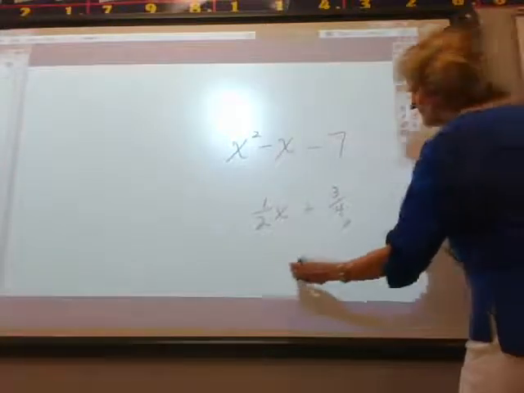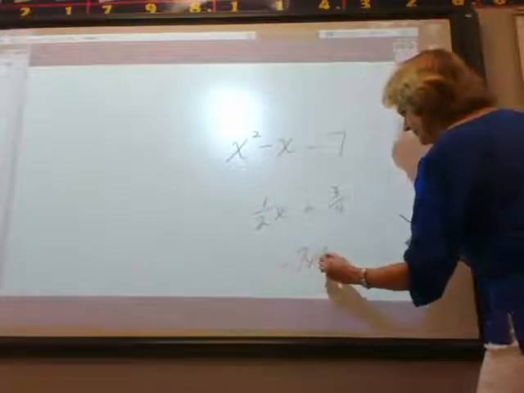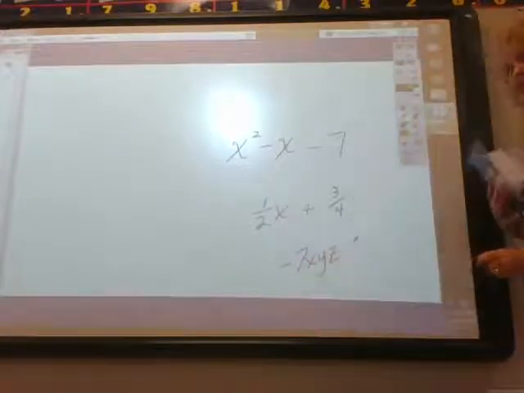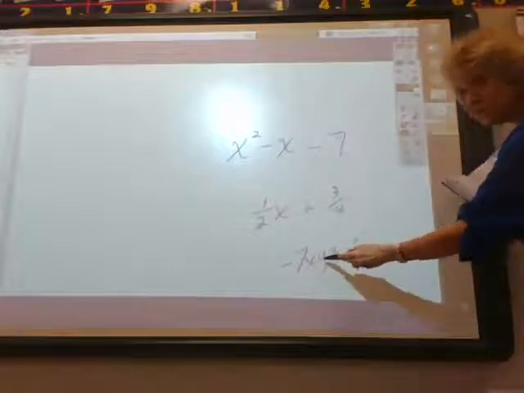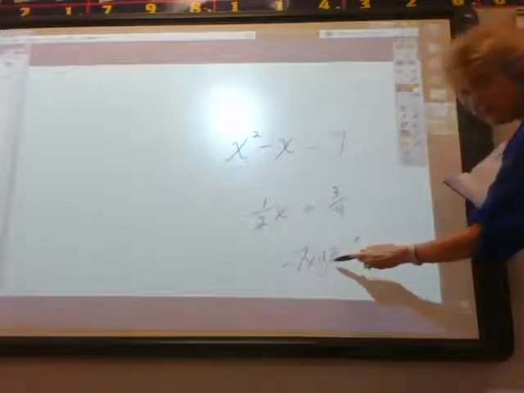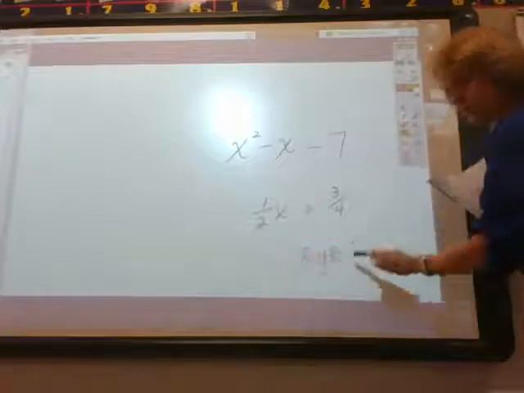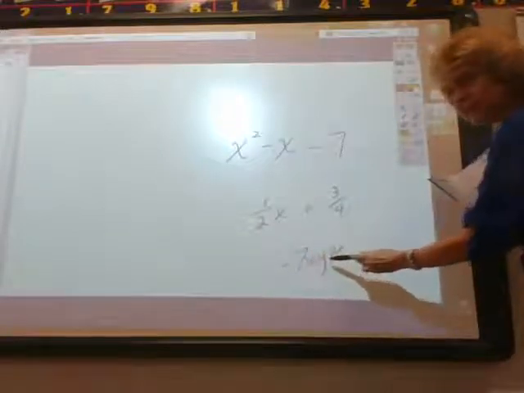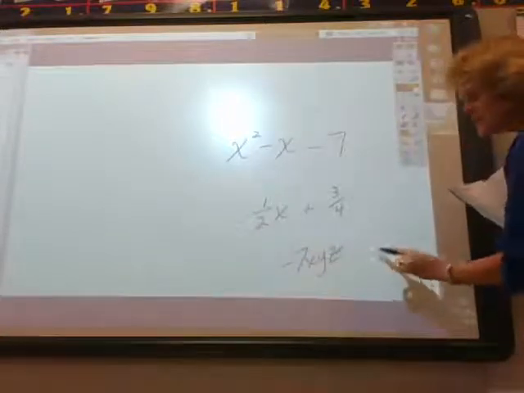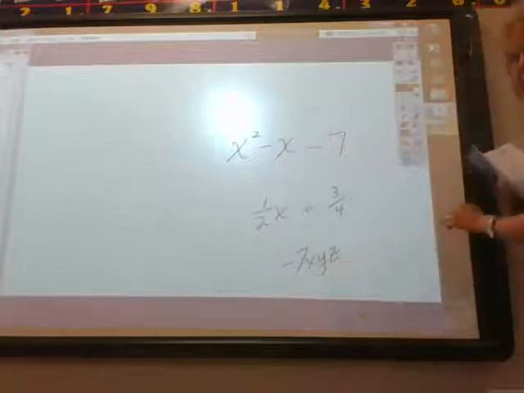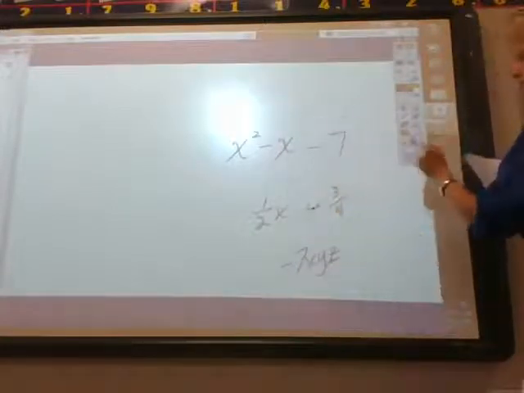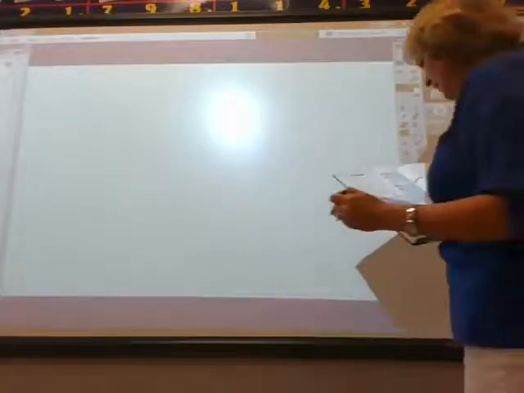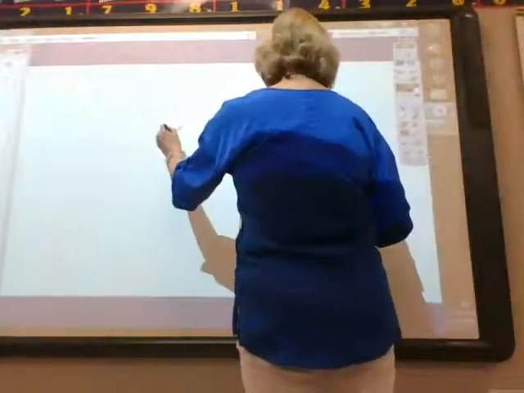Very good. And this one? It's a monomial. It's multi-term, multi-variable, but it's only one term, okay? Everything's getting multiplied together. It's not something plus something or something minus something. So monomial, binomial, trinomial.